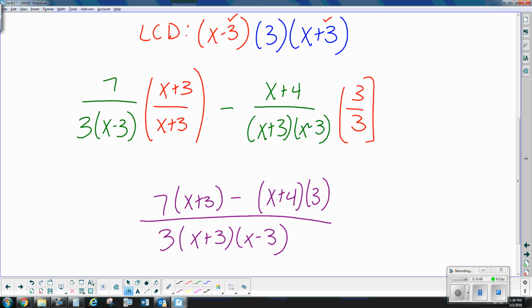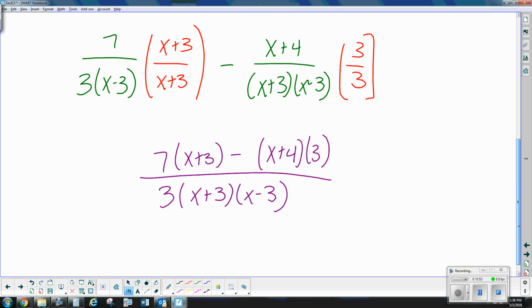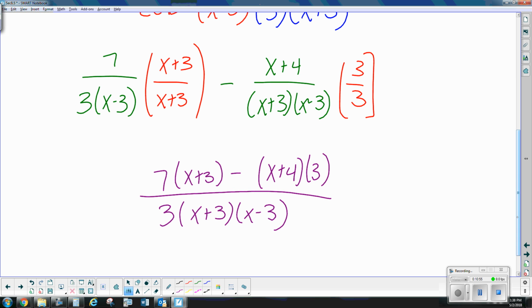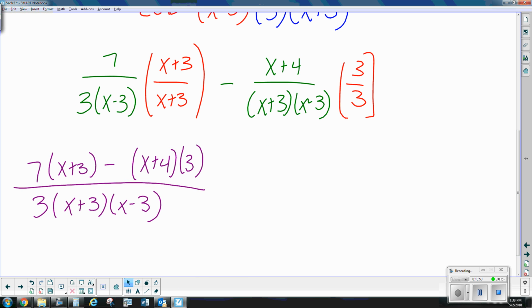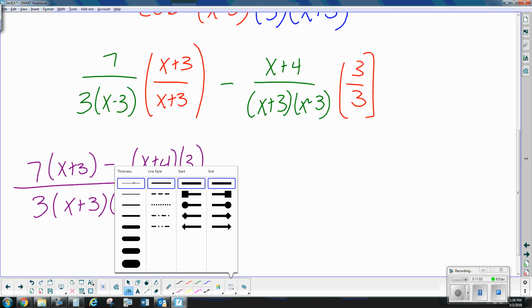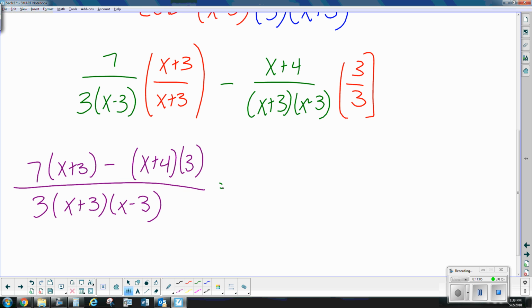Okay, so remember to follow order of operations, do multiplication first, and then subtraction. So now we can simplify this by combining any like terms and multiplying out.